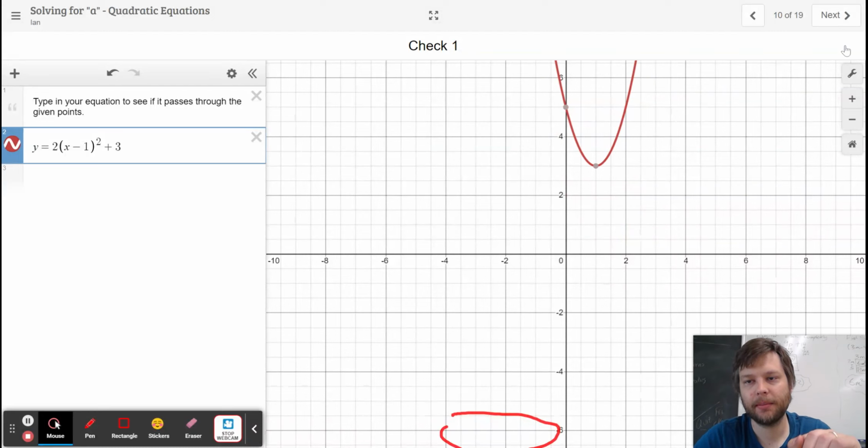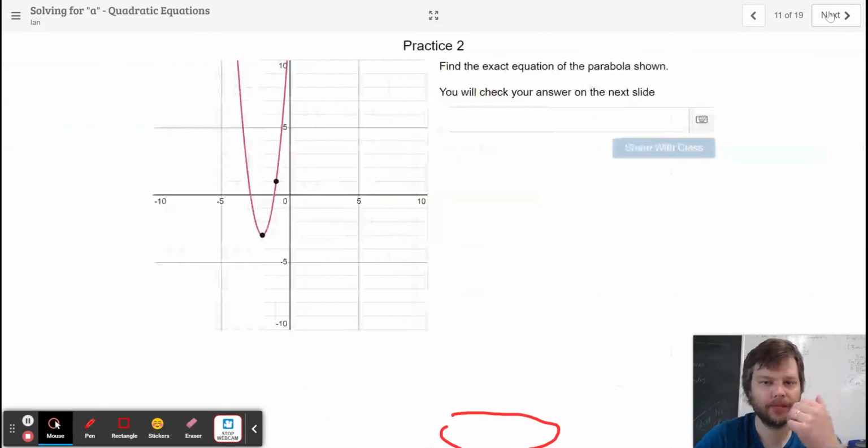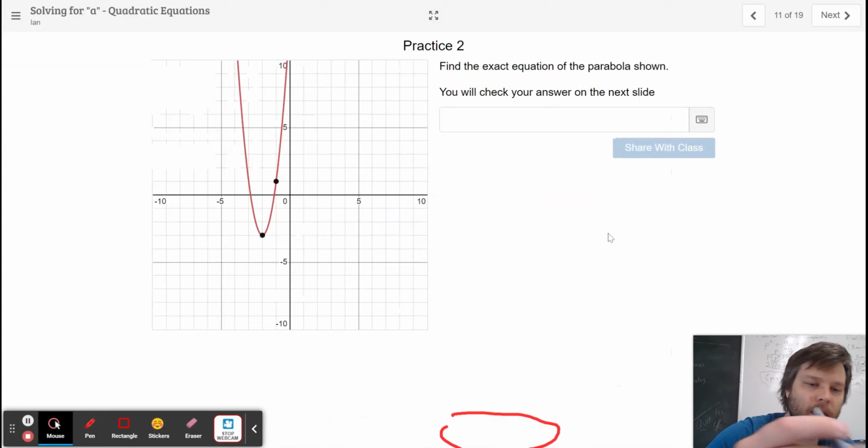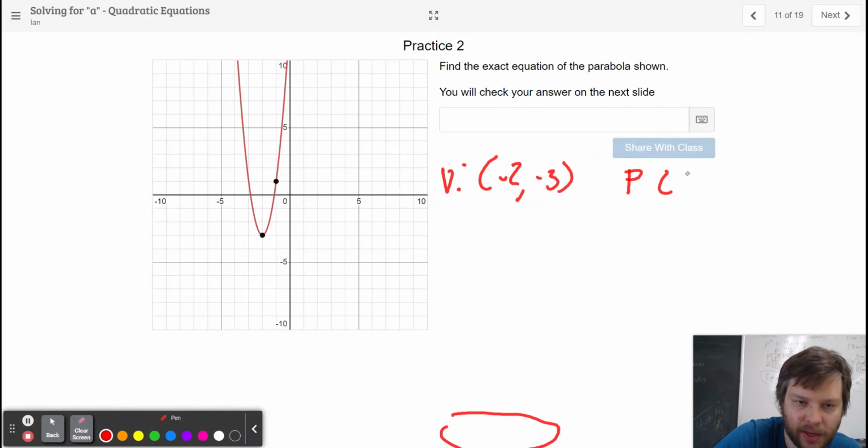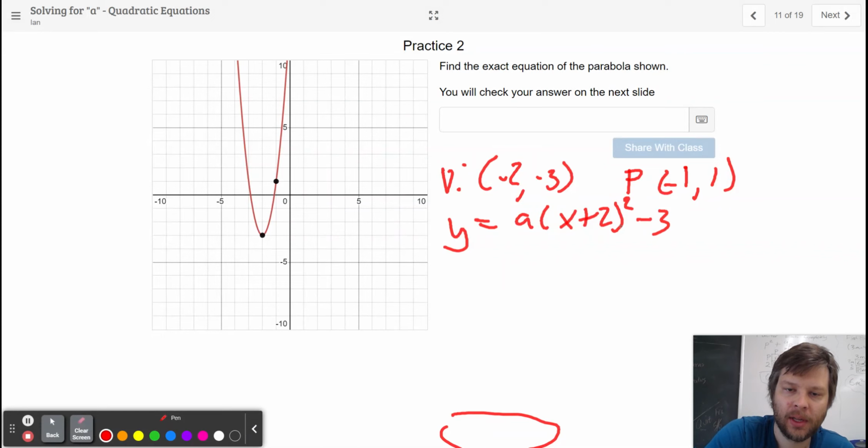I'll do one last example, and then we'll call it good on this video. Here we have a vertex of -2, -3, and we have another point of -1, 1. So we have an equation of a times x plus 2, because I did minus the x value, -3. Then I substitute in the y value and the x value.